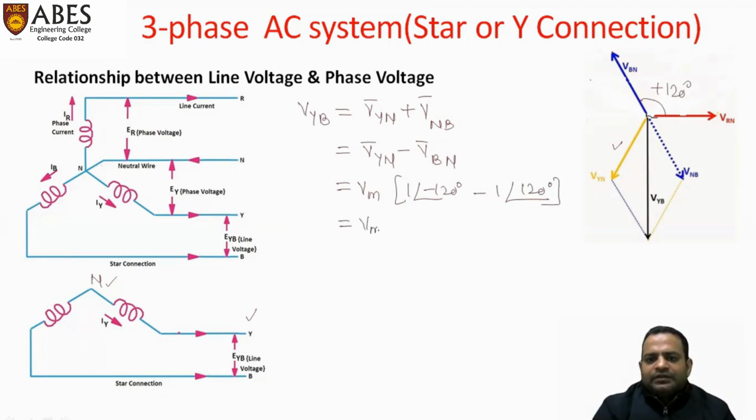After calculating this term using the calculator, we find 1.732 angle minus 90 degree. This is our second line voltage VYB.